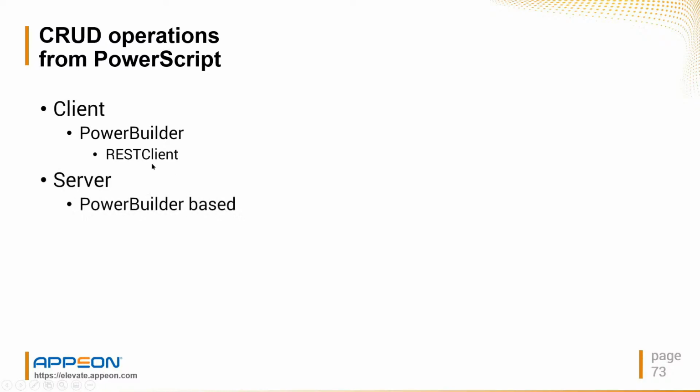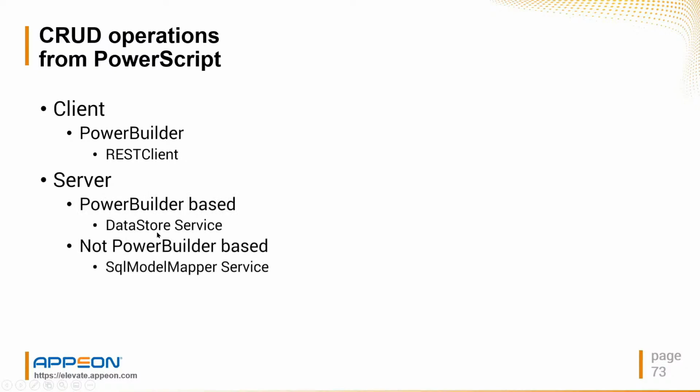On the server, it's a question of whether you're going to use the DataStore service or a SQLModelMapper service. As I said before, PowerBuilder can call the SQLModelMapper methods. You can also take the .NET DataStore and still create client agnostic services, and PowerBuilder can still call those as well.